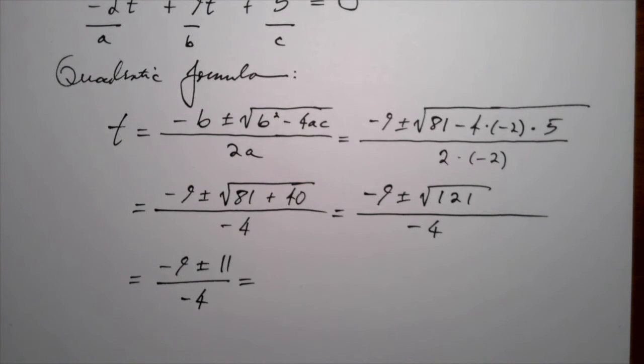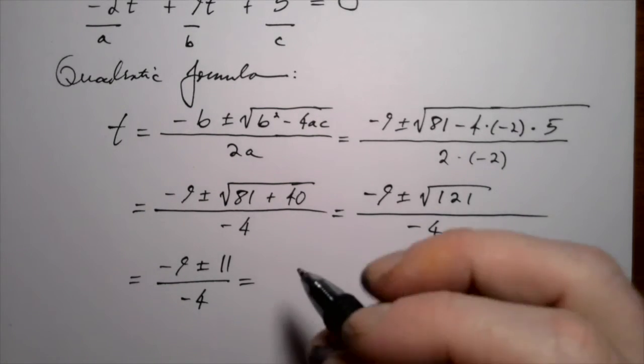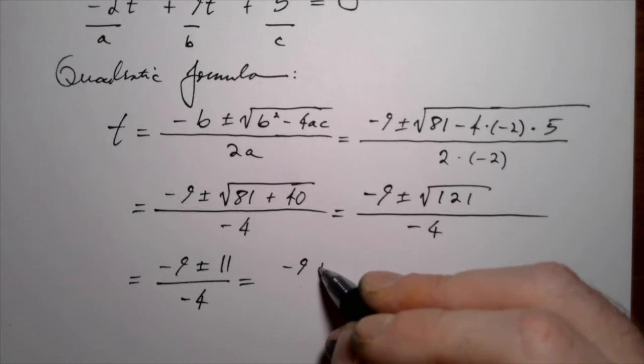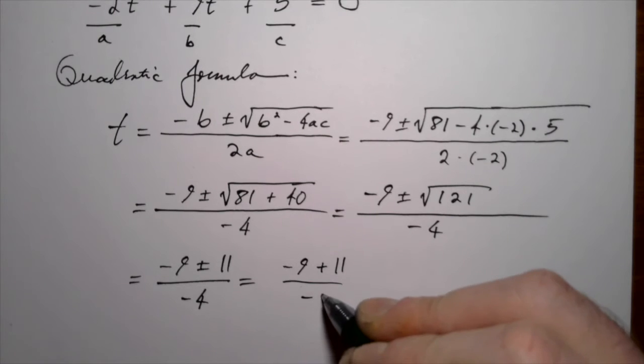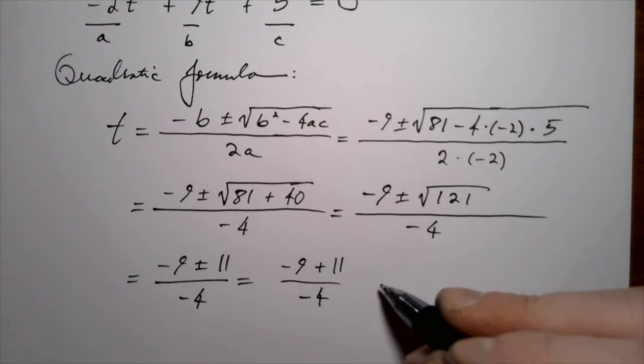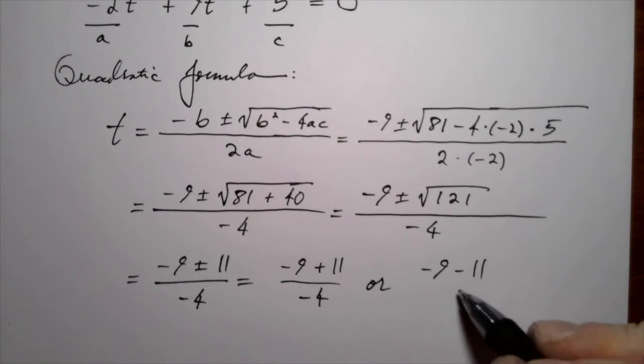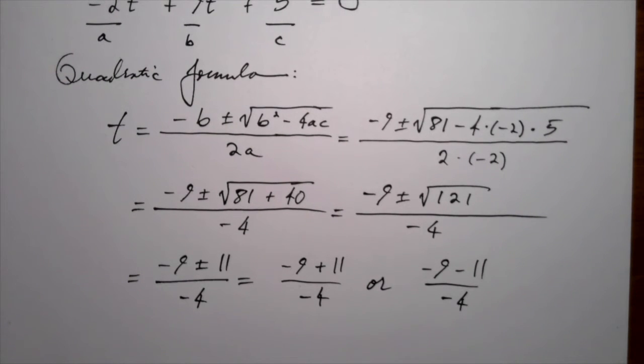And now let's remember what the plus or minus notation means. It means there are actually 2 solutions here. There's minus 9 plus 11 over minus 4, and the other possibility is minus 9 minus 11 over minus 4. The point is that the plus or minus is just saying that both of those possibilities are giving us solutions. Now let's simplify.